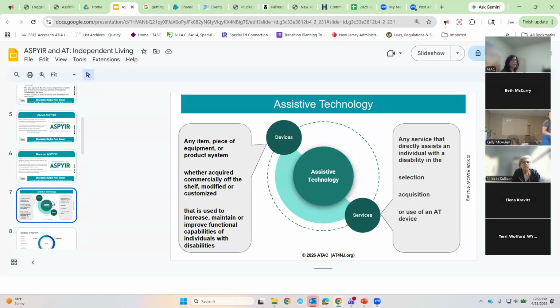So we can't really get started until we actually define assistive technology within our topic for today. So to begin with, assistive technology is any item, piece of equipment, or product system that is used to increase, maintain, or improve capabilities of individuals with disabilities.